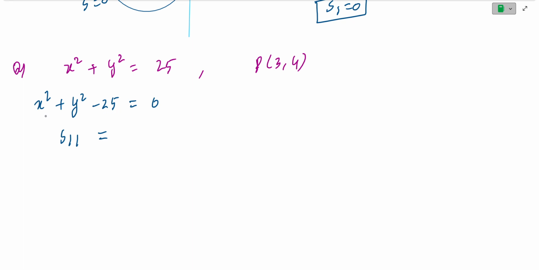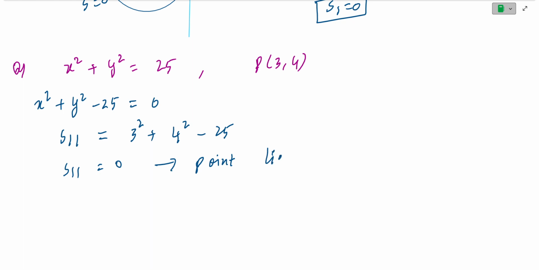So we get 3 square plus 4 square minus 25. 3 square is 9, 4 square is 16, so 9 plus 16 is 25. 25 minus 25 is 0. So I got S11 is equal to 0. From this I can say that the point lies on the circle.